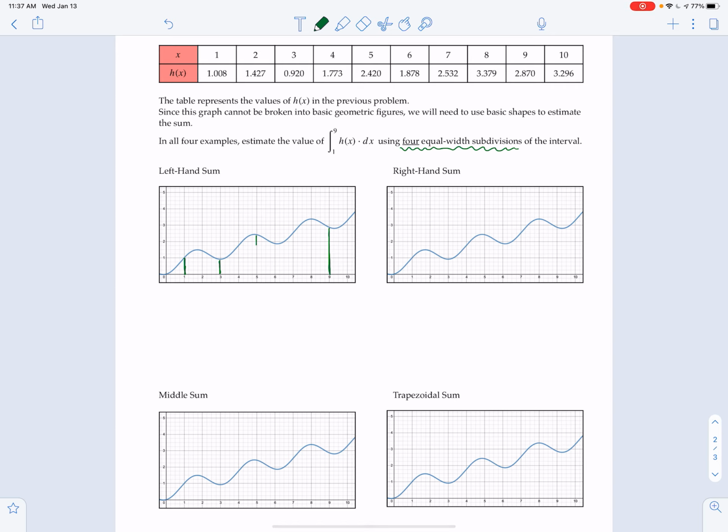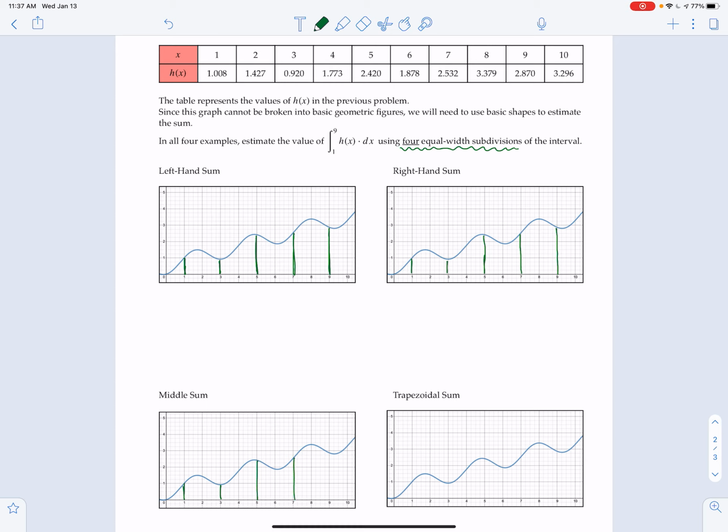And we're going to use this same amount of subintervals on every single picture here. And that is the one thing in these pictures that is going to remain the same. After that, it's a little bit different.